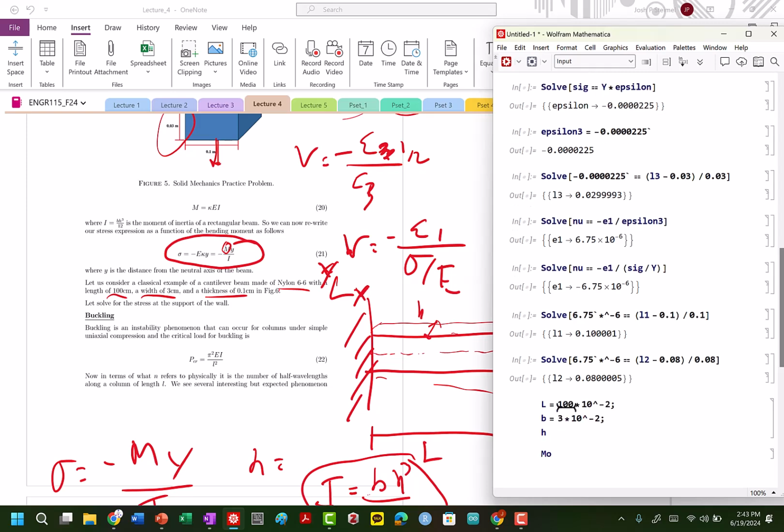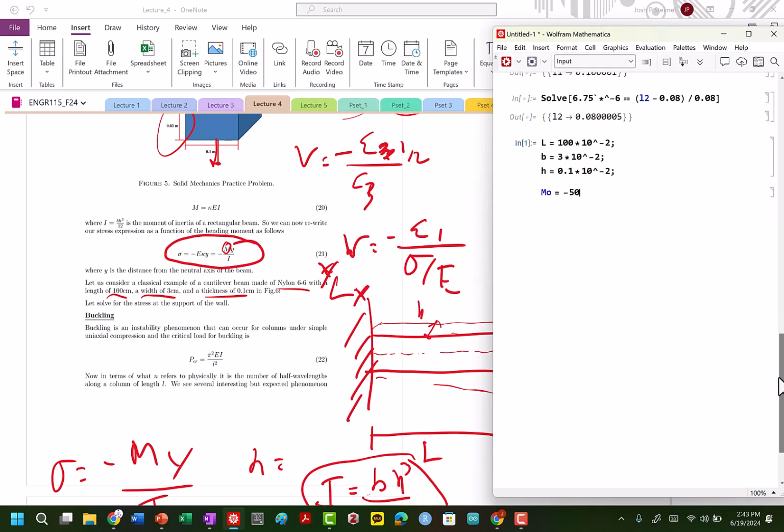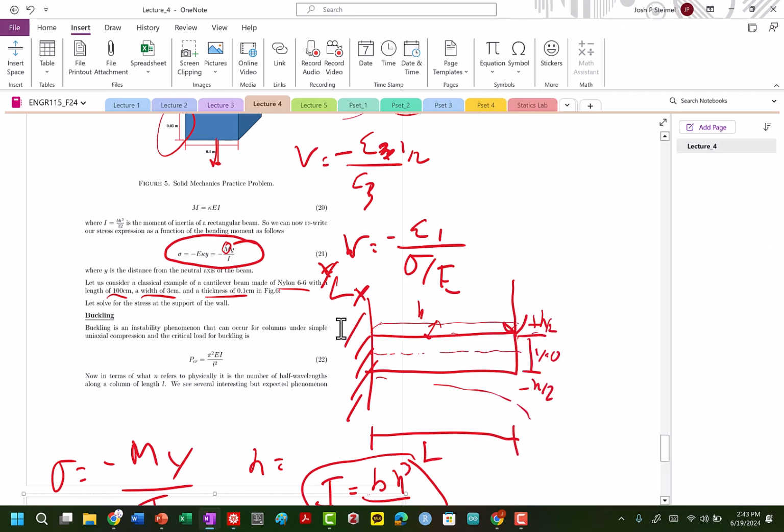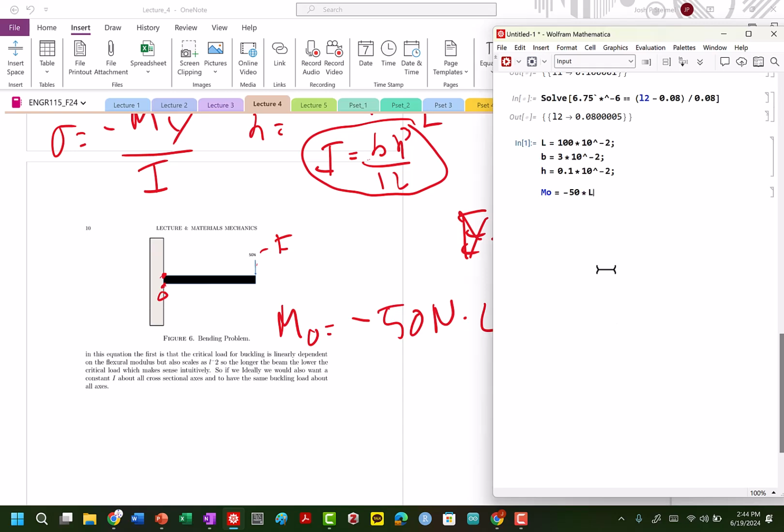Our height, which is our thickness, is equal to 0.1 times 10 to the minus 2. And we should be good to go here. Our moment is equal to minus 50 times L.